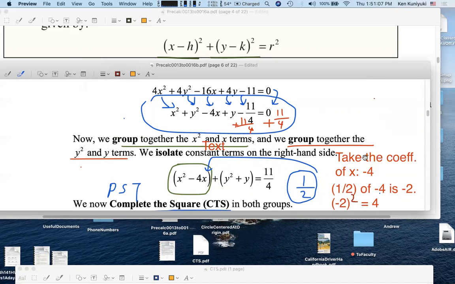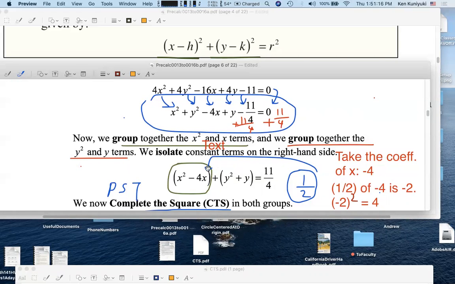The square of negative 2 is positive 4. Okay. So we add 4 to this first group. But wait a minute. I can't just add 4 to this left side of the equation just because I feel like it. I have to pay for it. I have to compensate for it. A quick way to do it, since we're adding 4 to the left side, let's add 4 to the right side.